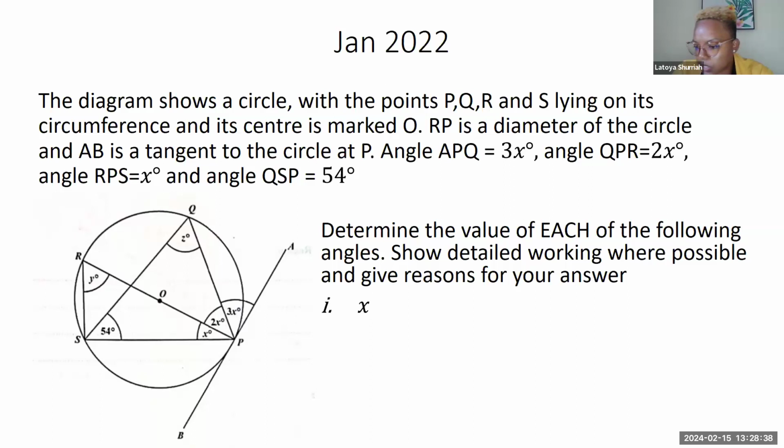How did you get that, George? How did you get that 3x plus 54 equal 180? 3x plus 54 plus 90. How did you get that, George? I would love if you can open your mic and tell me.